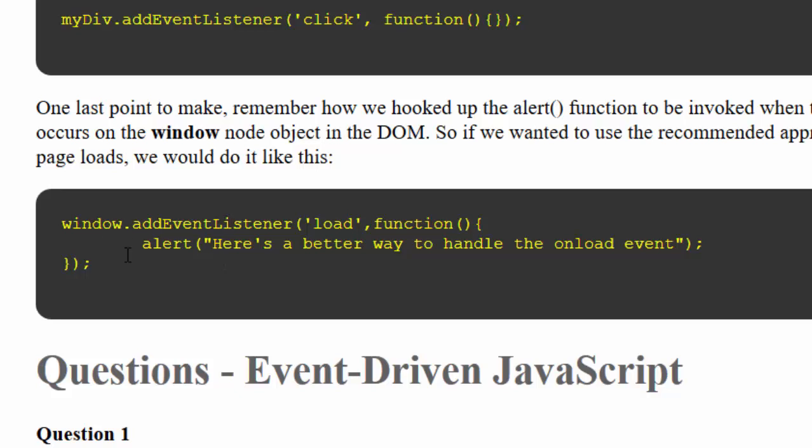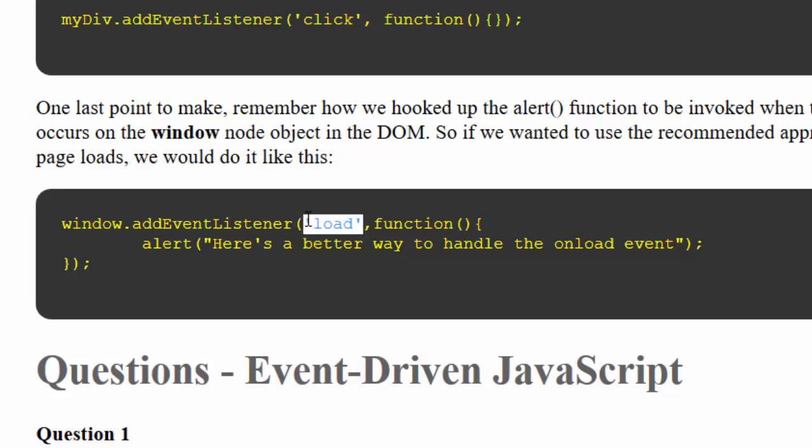This page load event is created by the window object. Remember, the window is at the top of the DOM hierarchy. It's an object, and it has this add event listener method just like every other node does, and we pass in the event that we're waiting for.